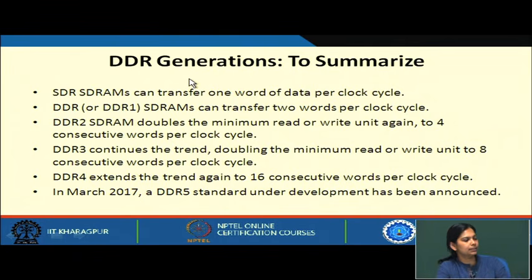Now to summarize what we discussed about various DDR generations: SDR SDRAM, that is single data rate SDRAM, can transfer 1 word of data per clock cycle. In 1 clock cycle, only 1 word can be transferred. DDR SDRAM can transfer 2 words per clock cycle, that is double data rate.